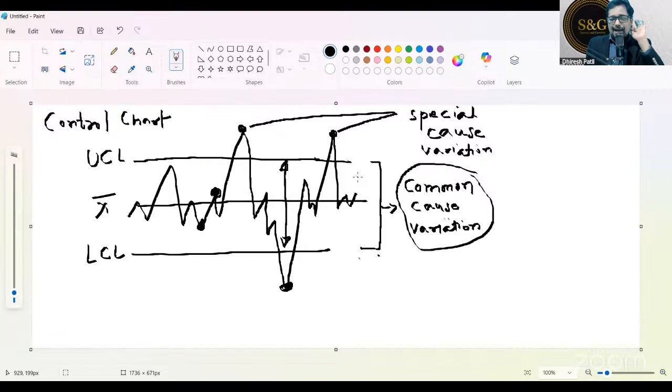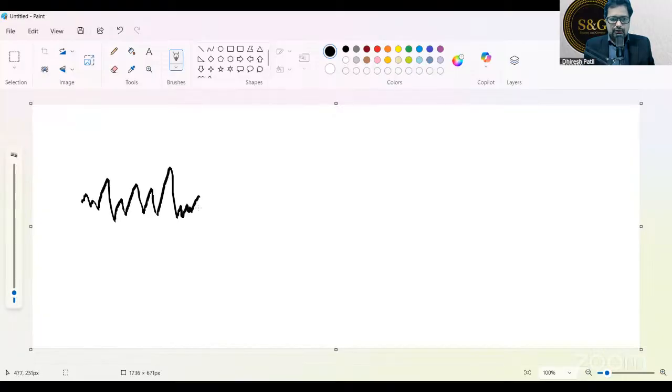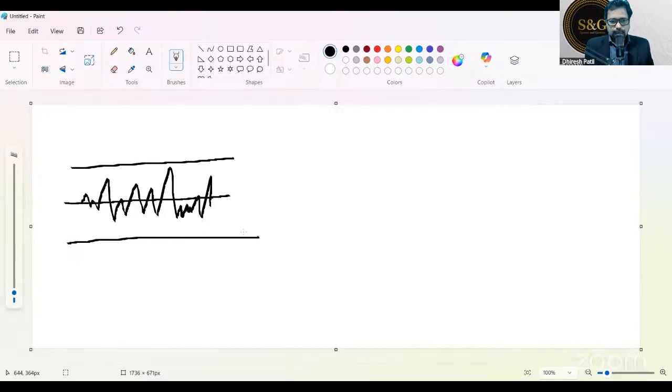Now let me ask you another question. Let me eliminate this, remove this, and draw this. Again, I'm just plotting a little bit. This also can be drawn as a horizontal histogram.